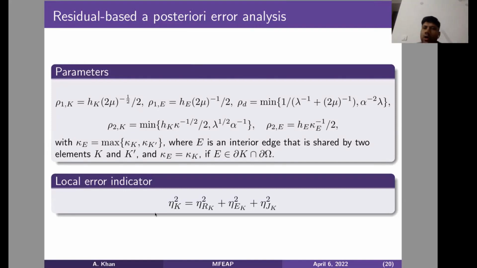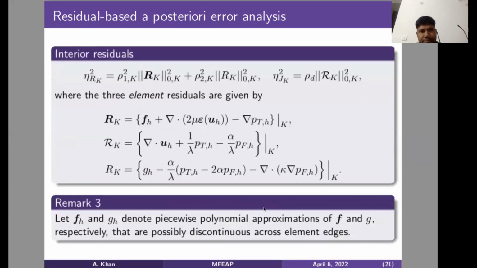And then we define local error indicators, which are nothing but the contribution of our interior residual, edge residual, and the relation of this divergence and this total pressure. The interior residual is nothing but RK, and if you recall the PDE, RK is directly related to the first equation, and this RK is related to the last equation.